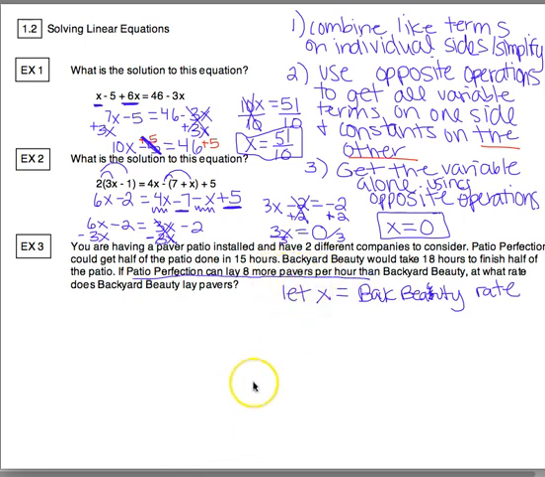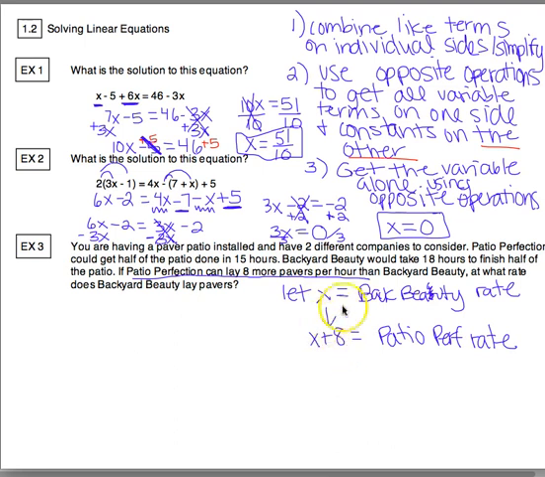So this kind of goes back to what we did in 1.1. 8 more means we're adding 8. So that tells us that x plus 8 is going to be the Patio Perfection rate. Now, if you want to figure out how much in total you finished, you take the rate and you multiply it by the time.